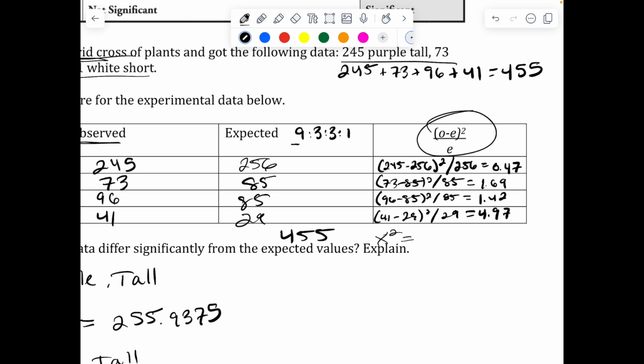Once I have all my values, I would sum them up and get the total, which comes out to 8.55. So I'm going to use that value to determine whether this is coming out within the expected range or if there's a significant difference.